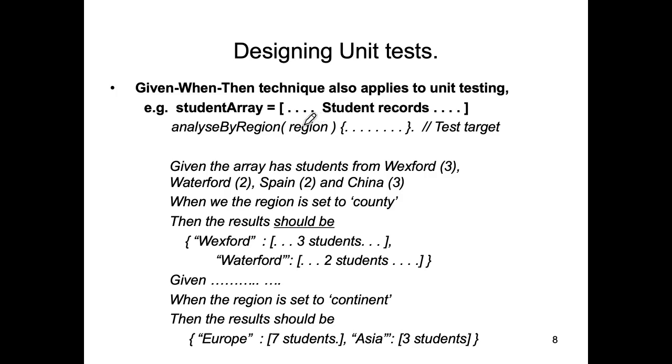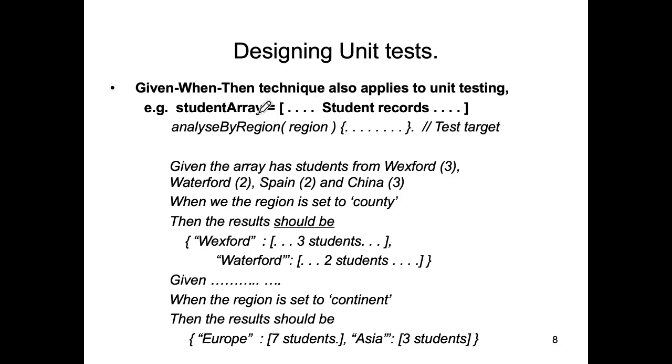If I pass it county, then this function is meant to tell us how many students come from each county in Ireland. Alternatively, the region parameter might have the value continent, and in that case, this function is meant to tell us how many students in this array come from each continent. Okay, it's a made-up example, but hopefully you get the general idea.